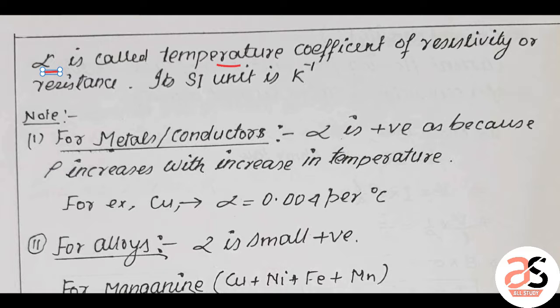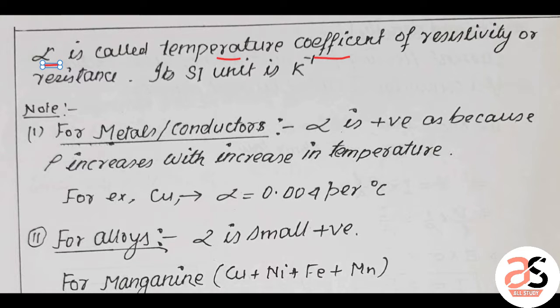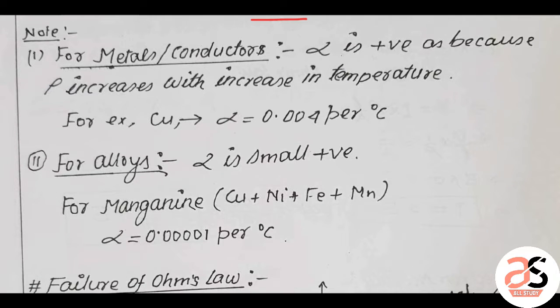This alpha is called the temperature coefficient of resistivity or resistance. SI unit is per Kelvin. For metals and conductors, alpha is positive because rho increases with increase in temperature. So resistivity increases with increase in temperature in the case of metals and conductors.